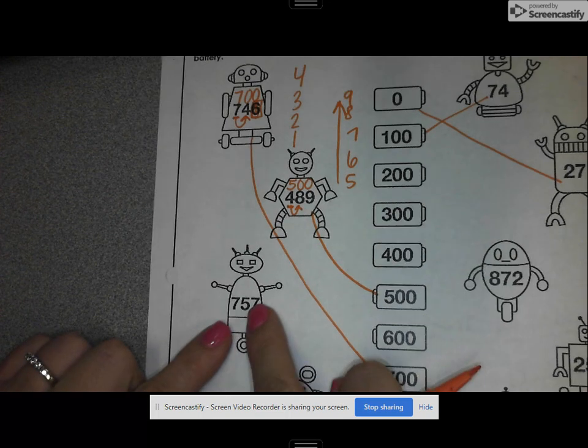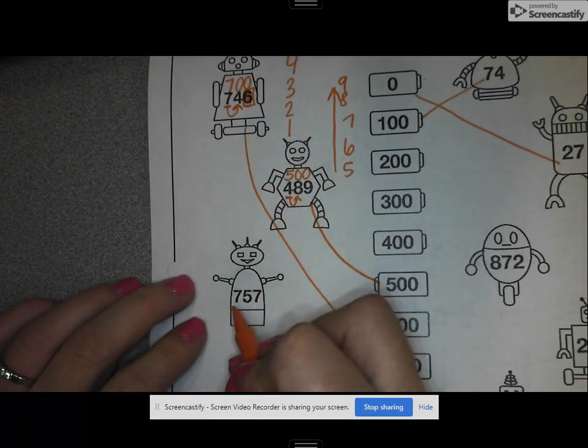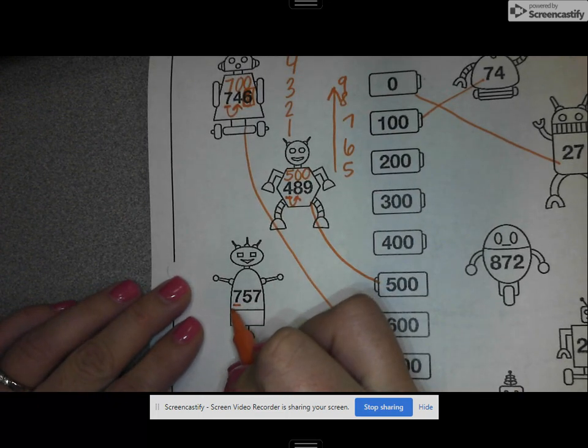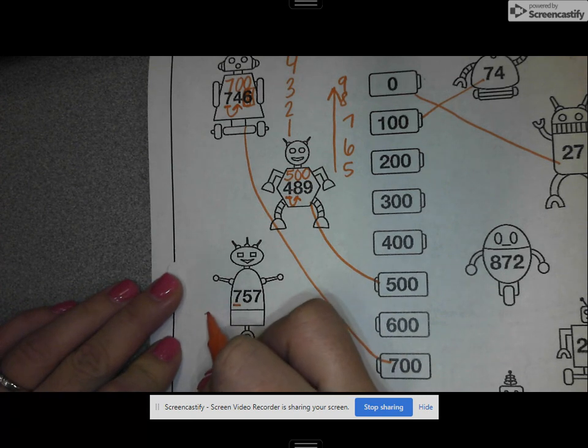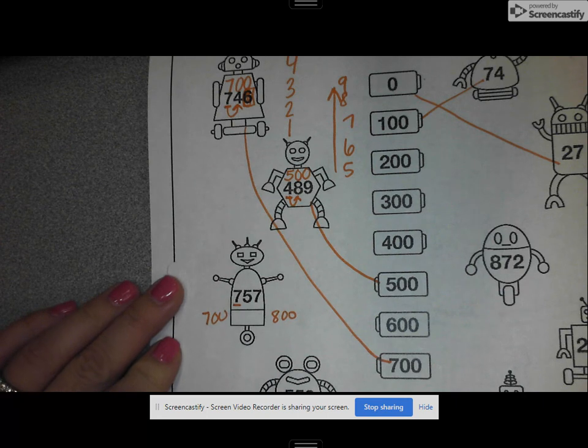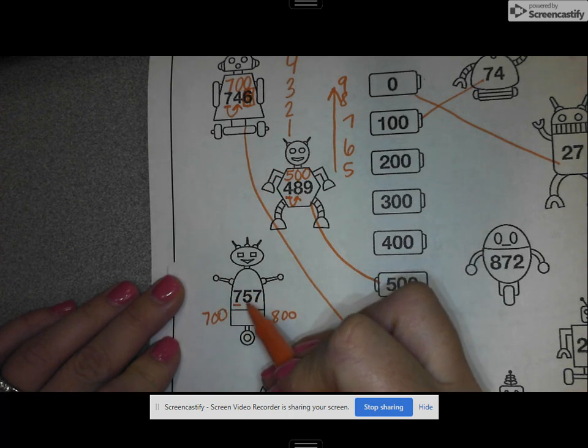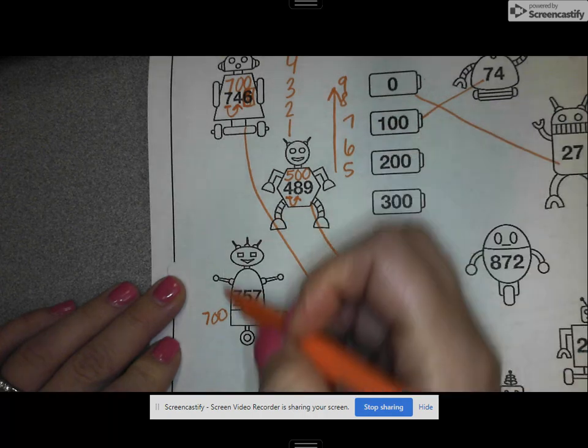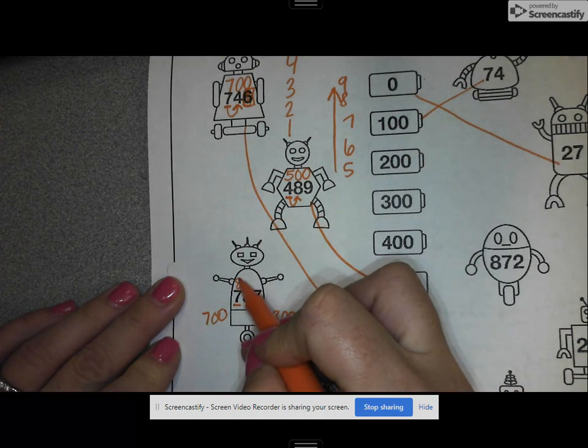For 757, they look at what's in the hundreds place. Some of them are going to need to write down the different hundreds, 700 to 800. That'll help some of them if they need to figure out what hundred they're in between. The 7 looks over at the 5, and the 5 is 5 or more, raise the score. So 5 tells 7 to raise up to an 8.